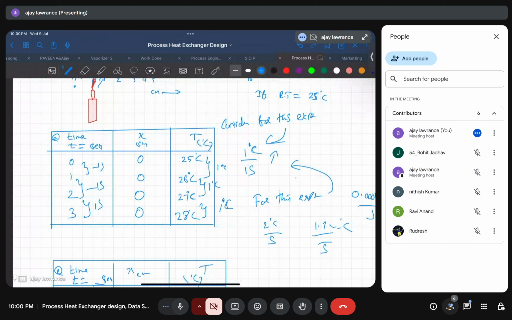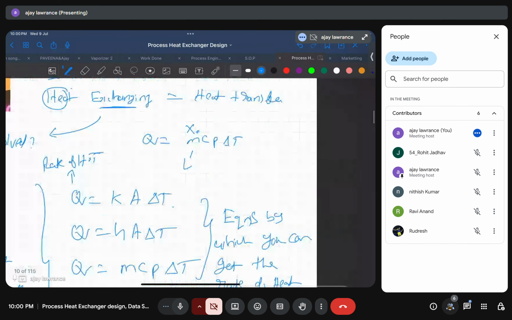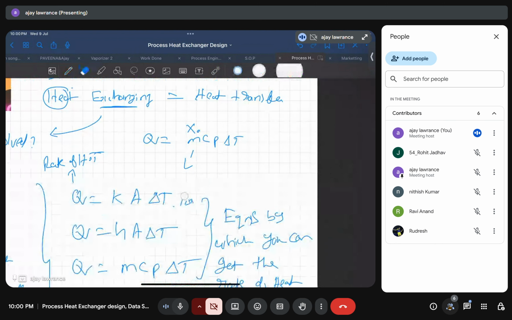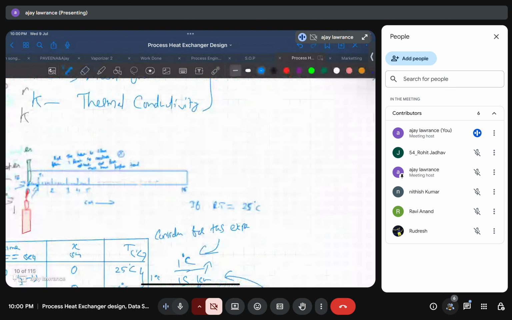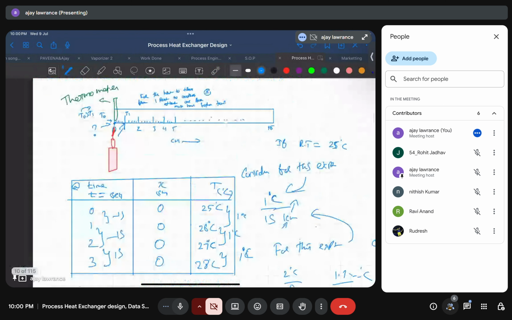You can also write per centimeter, 1 centimeter, you can write like that. Since I have equated it to 1, I have not included that 1 centimeter. That is what he also asked, why we don't include that delta x here. Same reason, you can write it or you can simply avoid it.